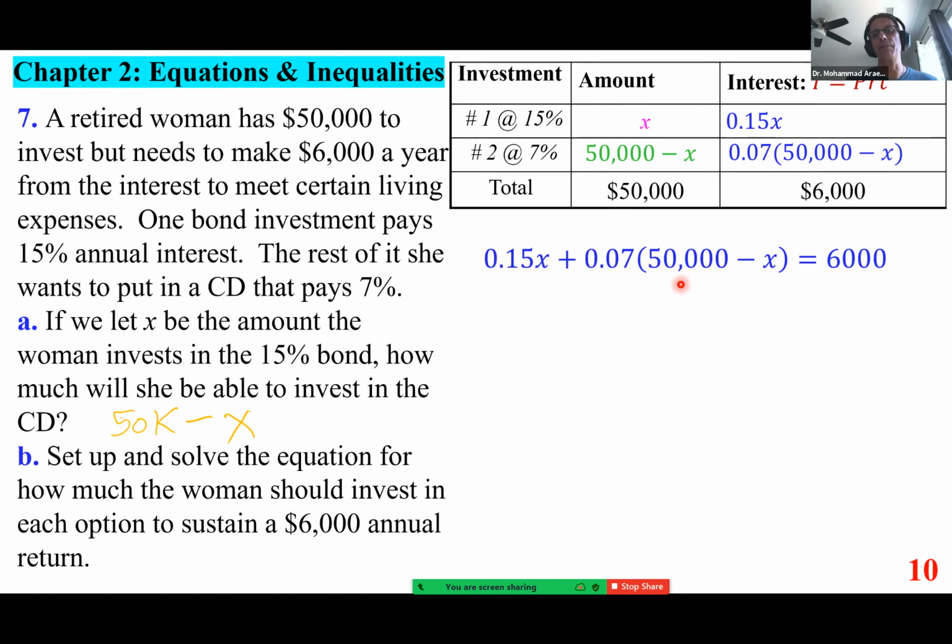How do you multiply? Ignore the zeros, ignore the decimals. 7 times 5 is 35. You have 2 decimals, 4 zeros, so you need 2 zeros. So it's very straightforward. 7 times 5 is 35.